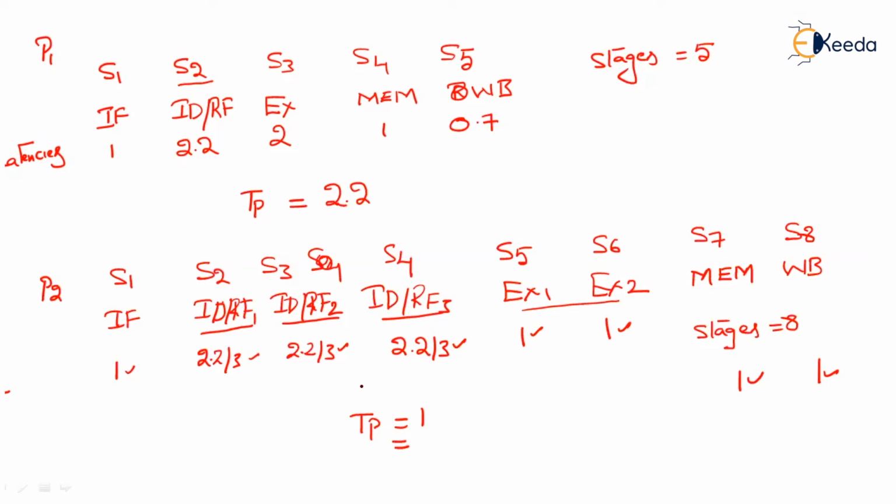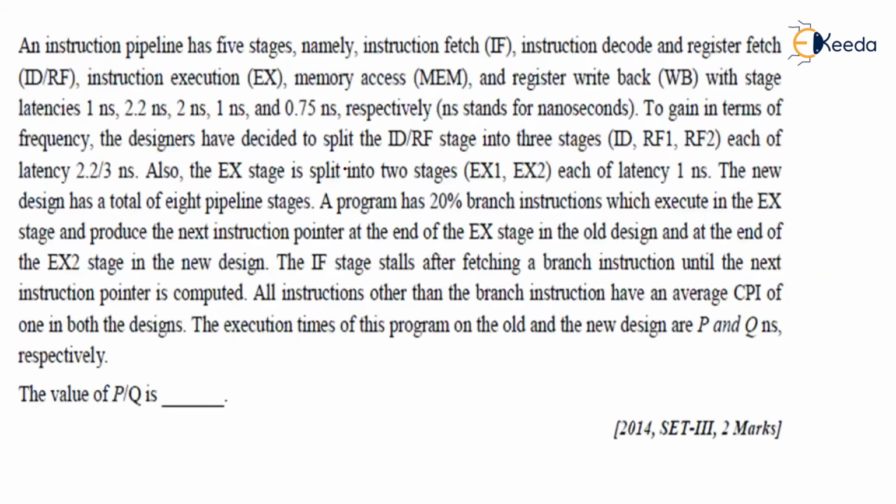Now, the next thing is we need to calculate the stall cycles. You know how to calculate the stall cycles: k minus 1. Let us find out what a stall cycle is.